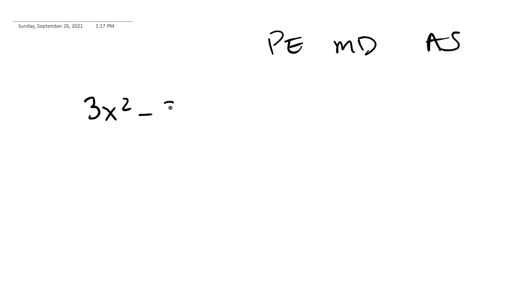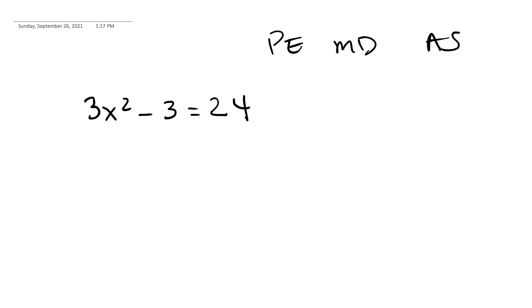So the few times we have an exponent, it will still work. So you may think you can't do this problem. Let's say 3x squared minus 3 equals, let's say 24.